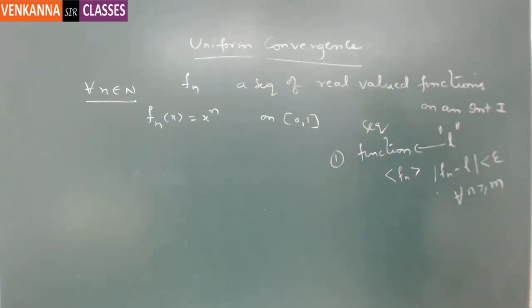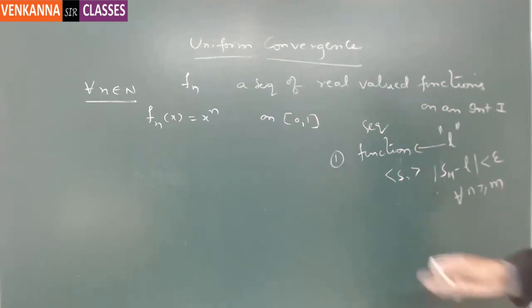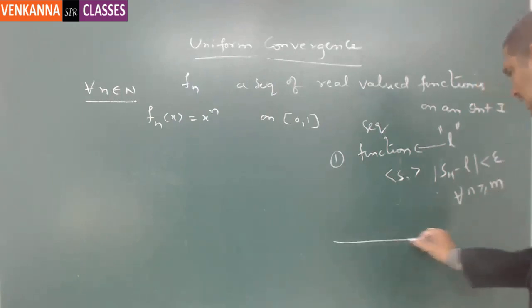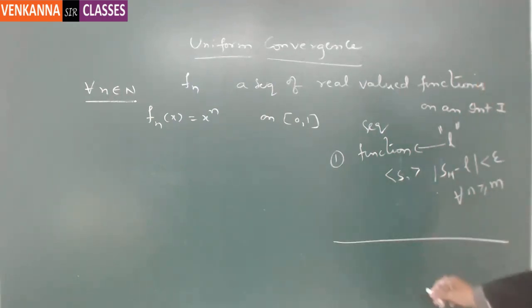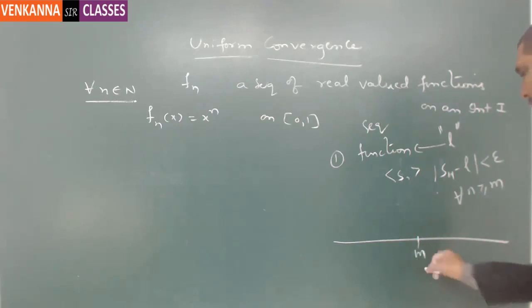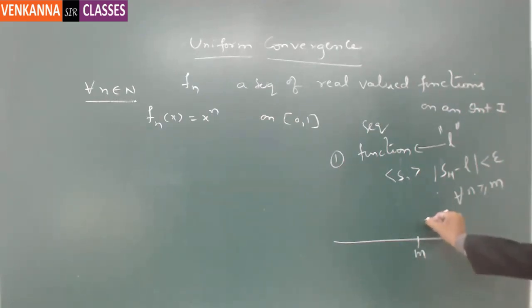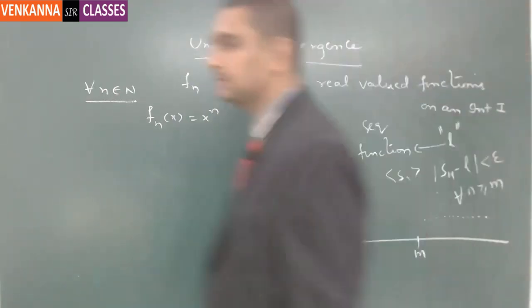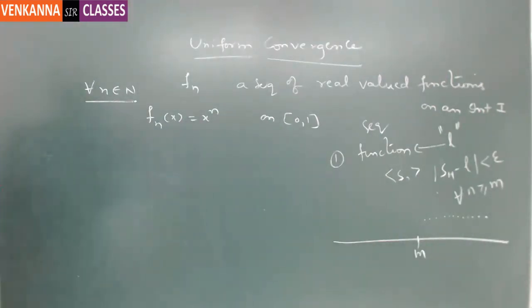This is our usual notation in defining the sequence. If you are using the symbol S, Sn is a sequence, we say that mod Sn minus L is less than epsilon for all n greater than or equal to m. It means that if we have listed the entire sequence, from a particular term number m onwards, all the values in the sequence become stagnant. This is the actual meaning of it. Could you recollect the definition one more time?